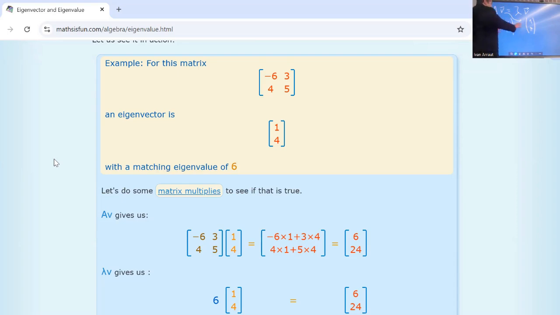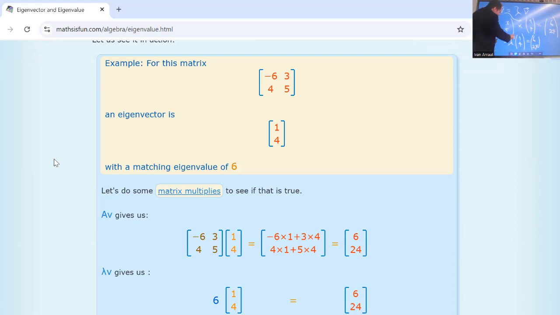Now, if I multiply these two, I obtain this result, 6, 24. And if this is really an eigenvector, there should be a number such that when I multiply by the original vector, it gives me the same result. And that number is 6, 24.